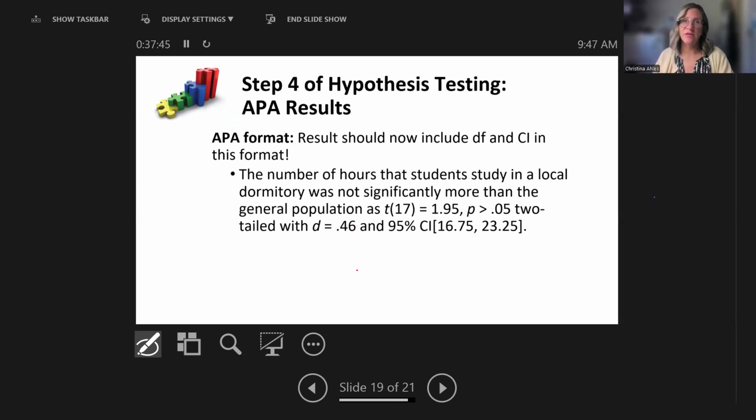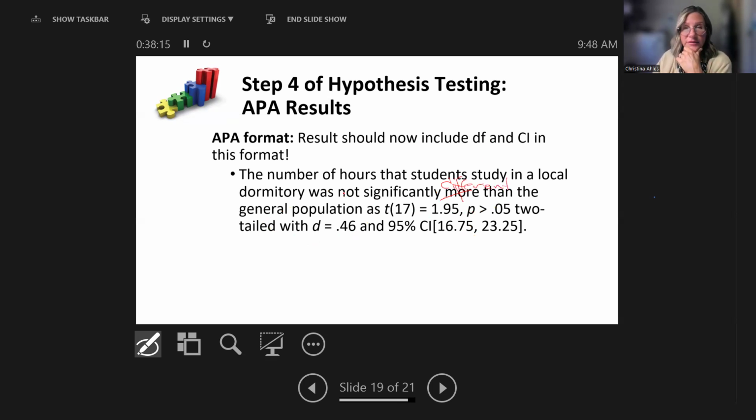We actually need to include our degrees of freedom as well as our confidence interval, and it should always be in the exact format. So we're going to state basically that the dependent variable was not significantly different, and this should actually say significantly different rather than more different. I think at one point I did it as a one-tail test.